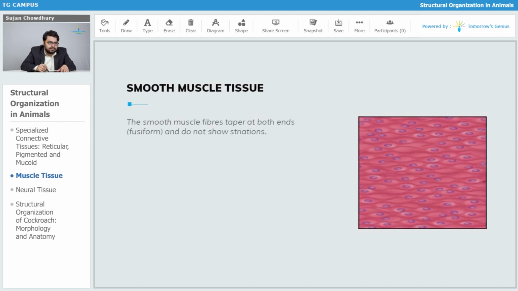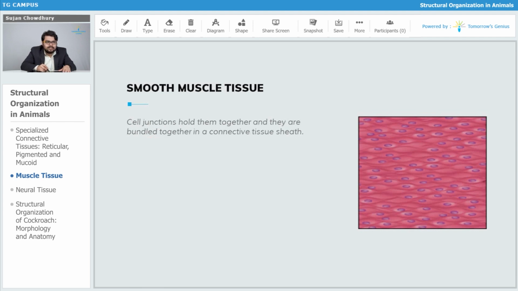The smooth muscle fibers taper at both ends, that is, they are fusiform in nature and they do not show the characteristic striated pattern. So here we can see that they are tapering at both the ends. That is, the mid part is bulging and the terminal parts are shrunk slowly.